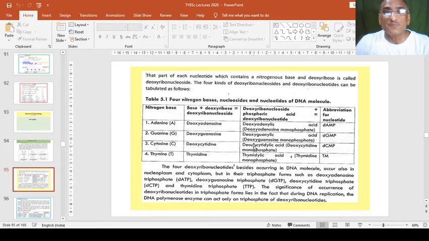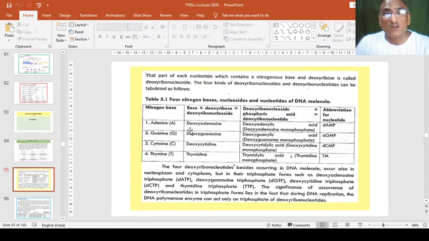How is the DNA formed? Four nitrogenous bases A, C, G and T form the nucleotides of a DNA molecule. How are these formed? Adenine base plus deoxyribose is equal to deoxyribonucleoside. This is the nucleoside and this is the nucleotide. So nucleosides are formed by the base and deoxyribose.